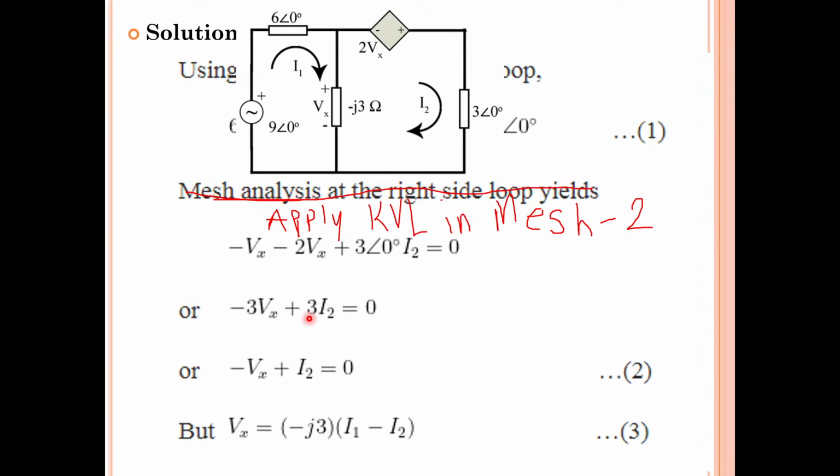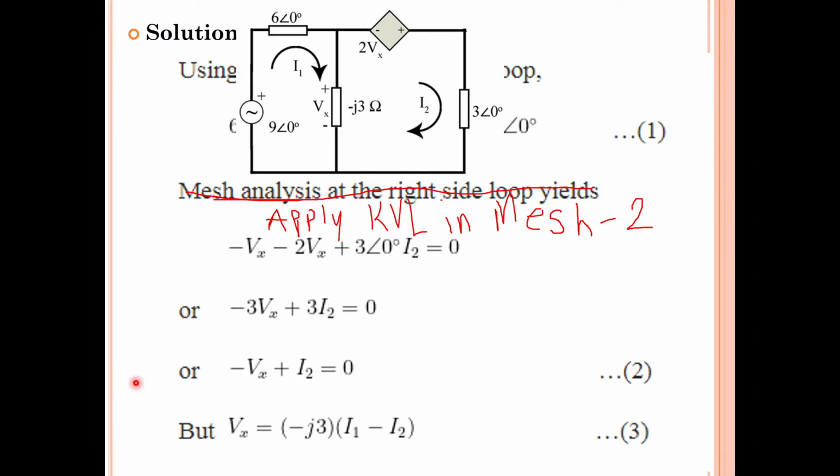Now here in both terms 3 is the coefficient, so just take it common and send it to the right side. It will become 0. So minus Vx plus I2 equal to 0. Consider this as equation number 2.